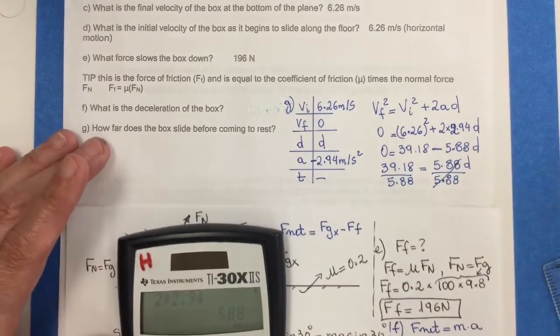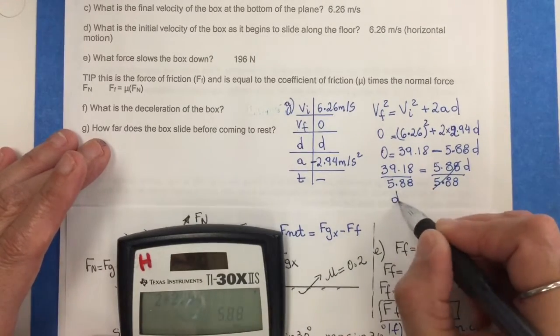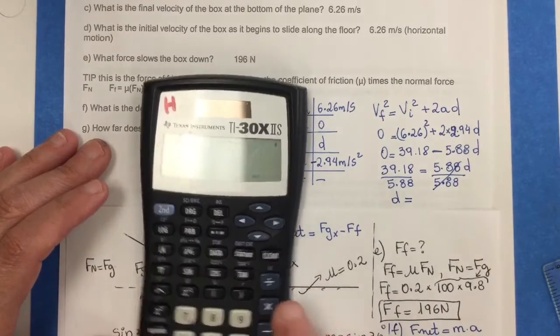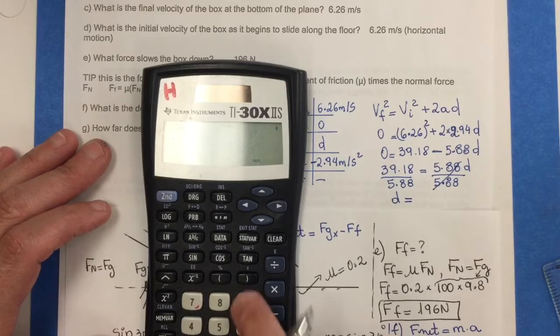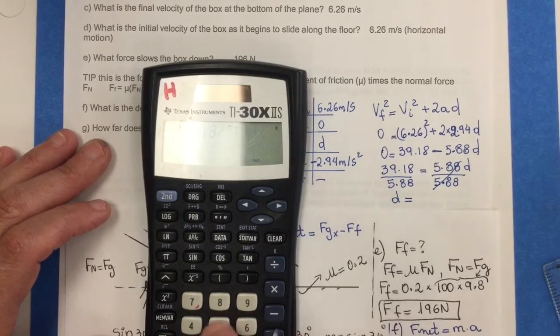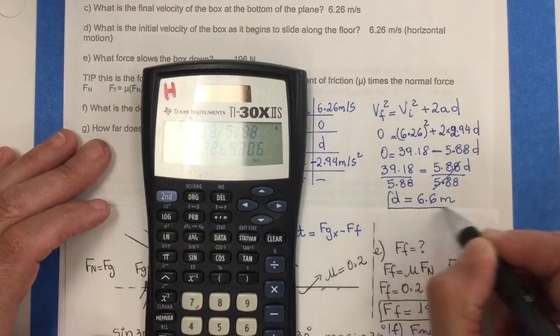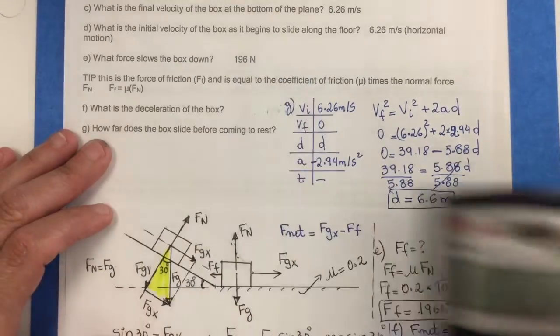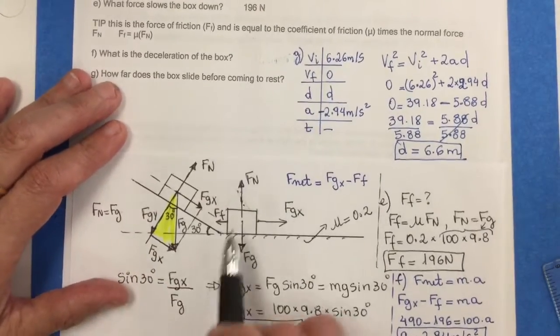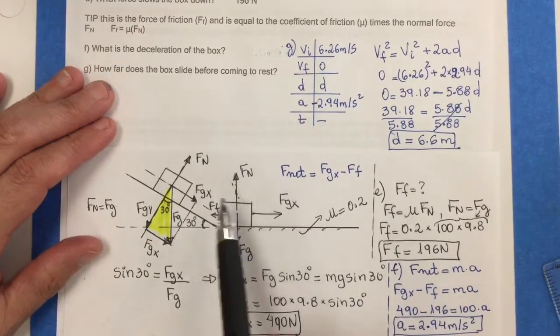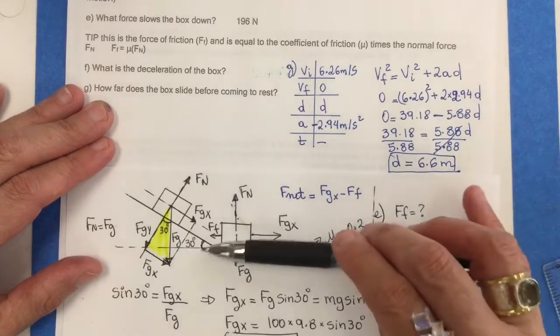So our distance is 39.18 divided by 5.88, which is 6.6 meters. So that's how far the box went due to the deceleration provided by the surface.